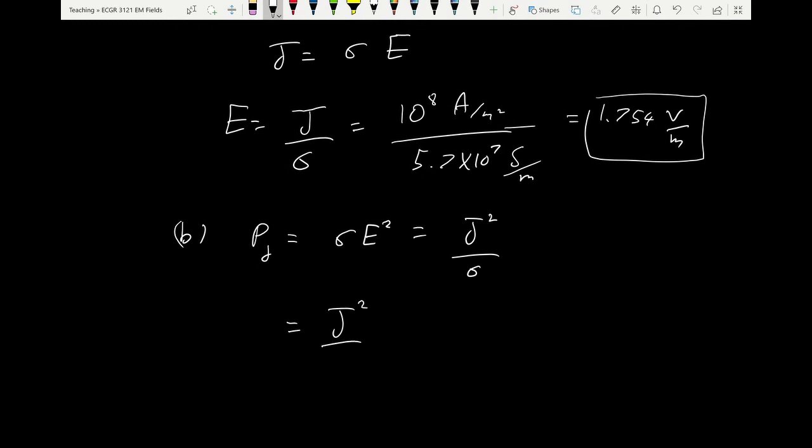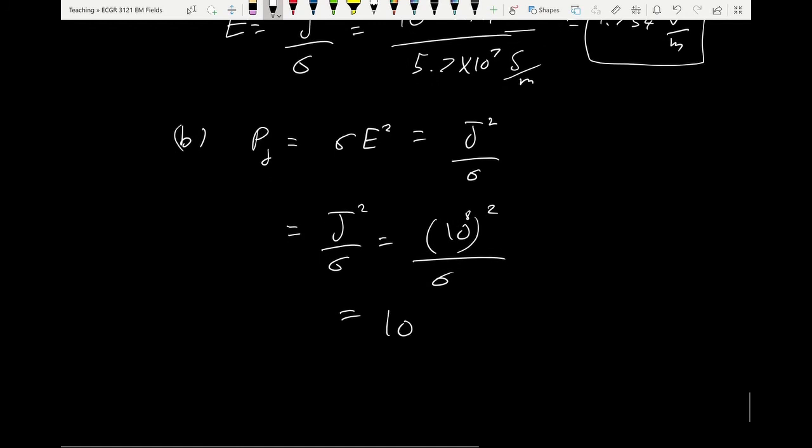So let's do J squared over sigma. J squared is 10 to the power 8 squared over sigma, which is 10 to the power 16 over 5.7 times 10 to the power 7, which turns out to be 1.754 watts per meter cubed.